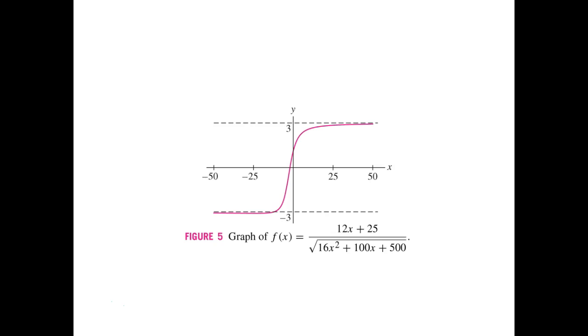This is called a logistic curve. Quite often in biological sciences, for instance, you'll run into curves like this, not with negative numbers in them, but translate everything up here.